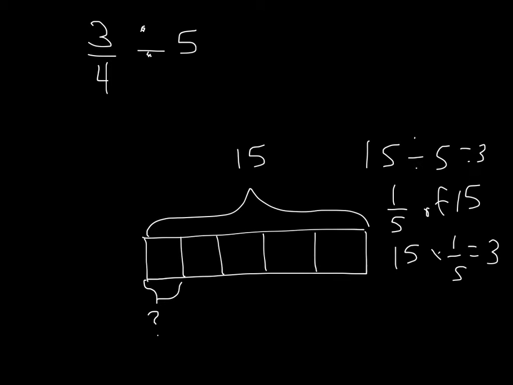They're both the same. So that gets us to something really, really important when we want to do 3/4 divided by 5. The important thing it gets us to is realizing a very important statement.